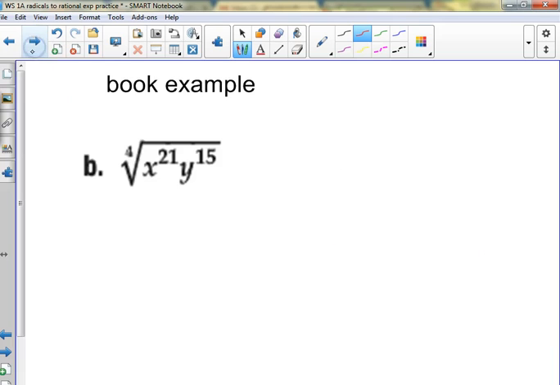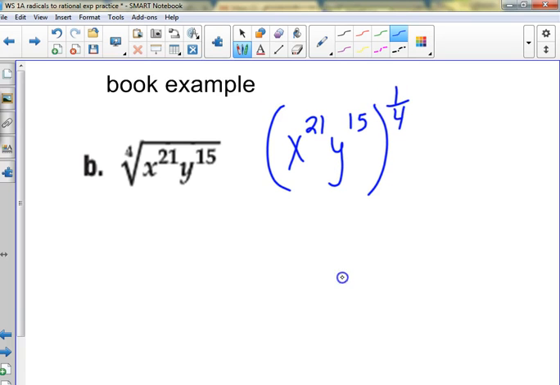All right, I don't even know if I assigned any of those. This I did assign. Does anybody see what we're doing here? Honestly, you can think of this two ways. I would do this, I think. One-fourth, yes?